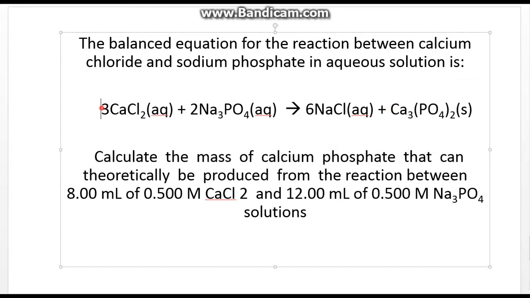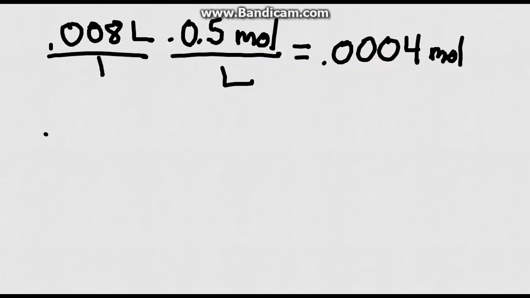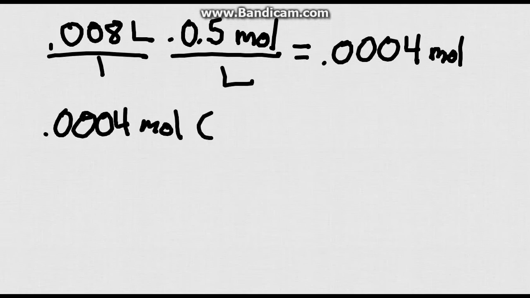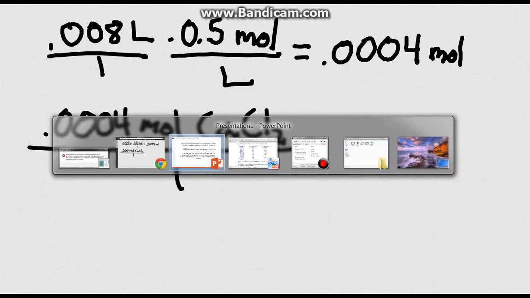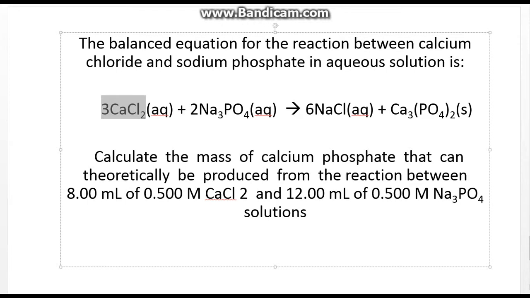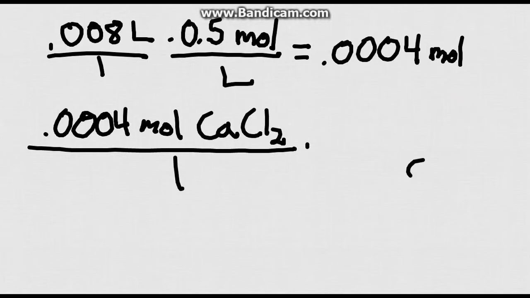So we would basically have this 0.0004 moles of calcium chloride, and all of that can be over 1, and multiply this by how many moles of calcium chloride we need to make 1 mole of calcium phosphate.